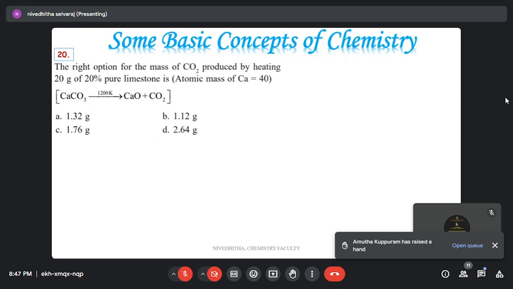They are not heating pure calcium carbonate. It is just 20% pure. And they are asking us to calculate how much mass of carbon dioxide will form. You guys please try from your end. I'll give you 1 minute.